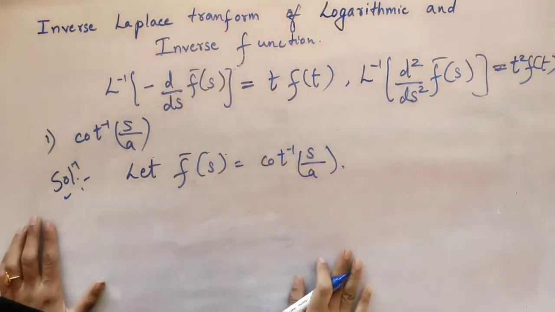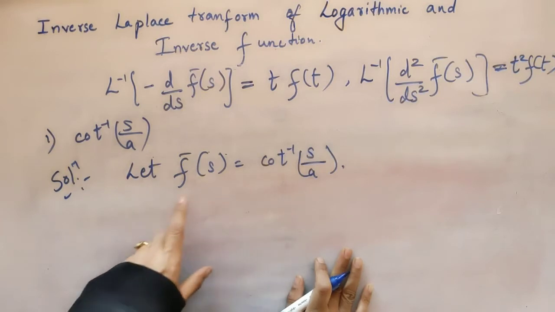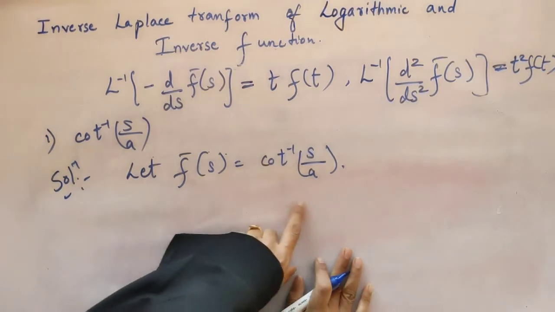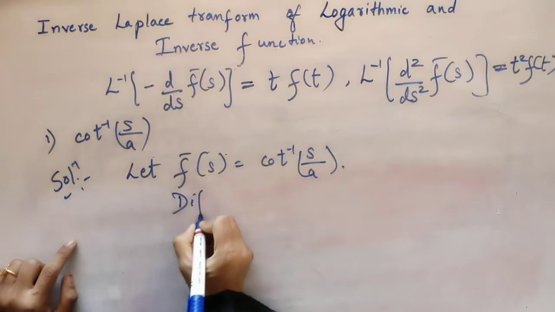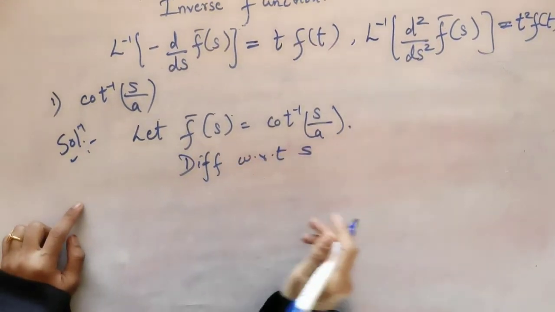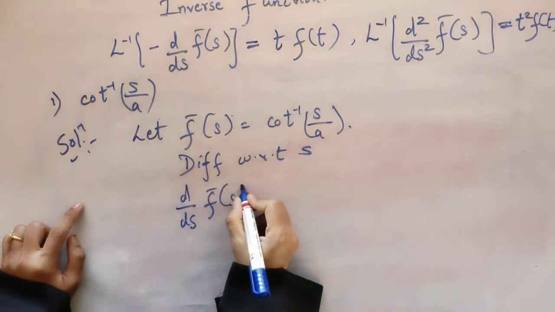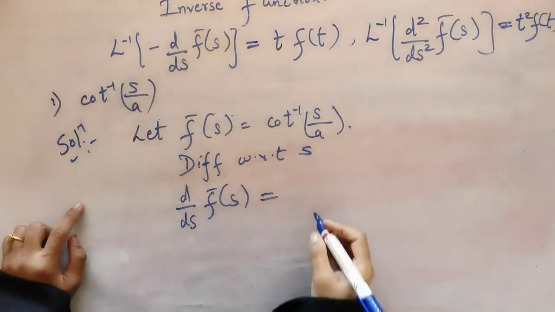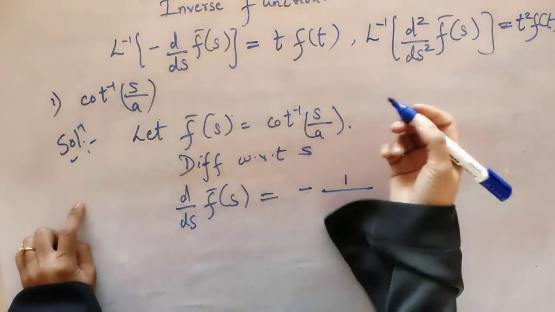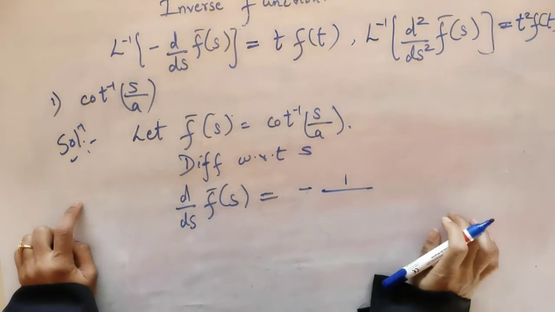Now you should try to eliminate this cot inverse from here. For that, we will differentiate this with respect to s on both sides. Differentiating the left hand side, you will get d by ds of f bar of s is equal to the derivative of cot inverse x, which is -1 divided by 1 plus x square.